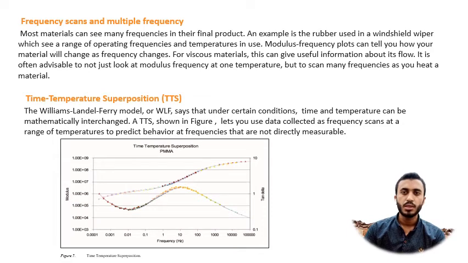The DMA 800 has advanced software that makes this a fairly simple process. The data is often converted to time to predict lifetime performance. One should note that TTS calculations rely on some assumptions and are only valid if the assumptions are met. The basic assumption is a single relaxation time, and it is tested by using a Van Gurp-Palmen plot, as shown in the figure.